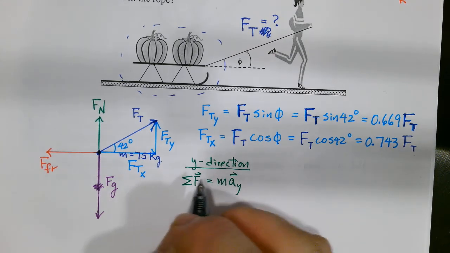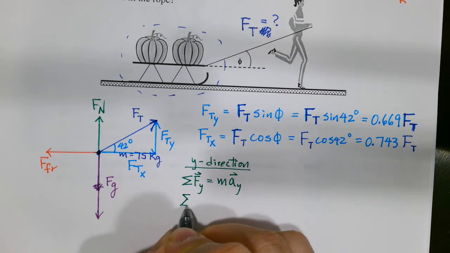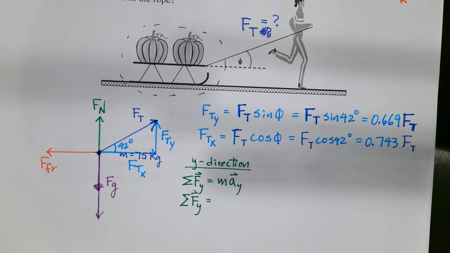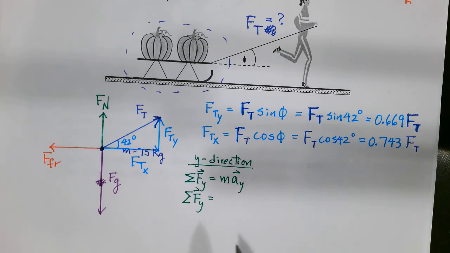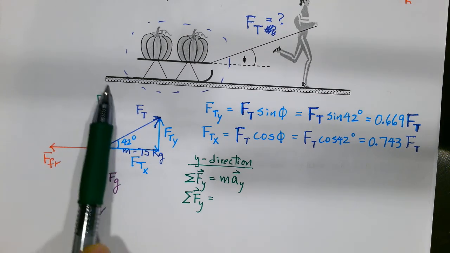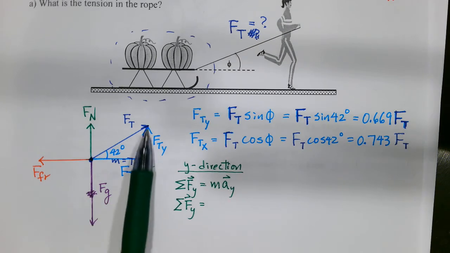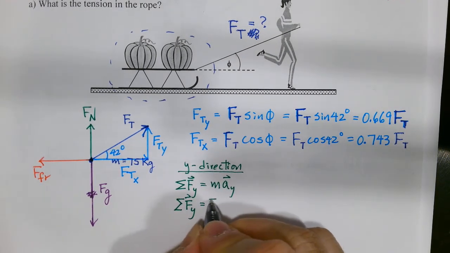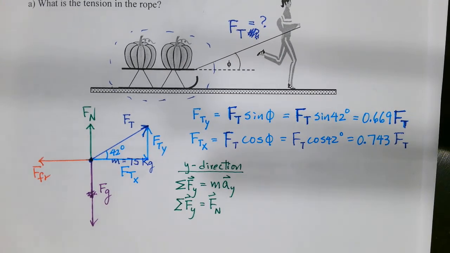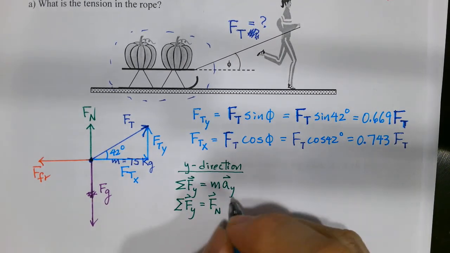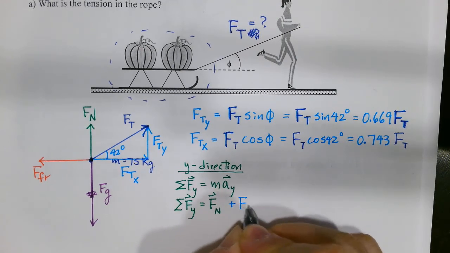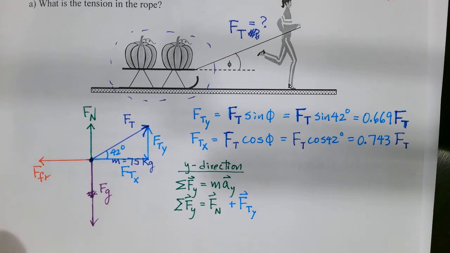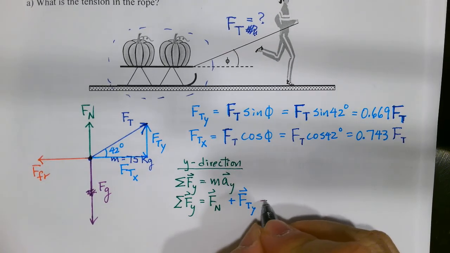That can be safely assumed. Then the sum of all forces in Y is equal to, I have 3 forces in the Y direction. I have this force, this force, and this force. So I have F normal plus F tension Y plus Fg.